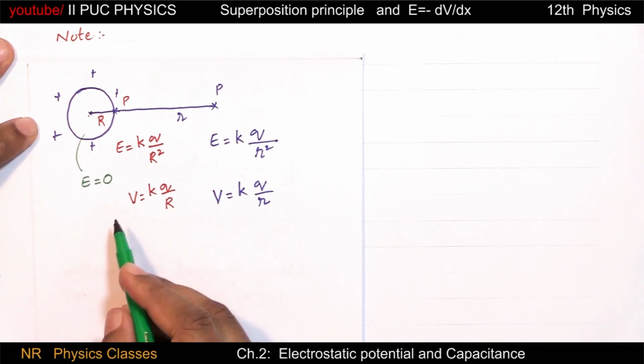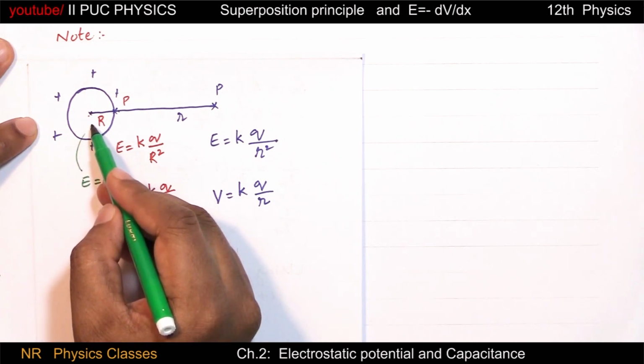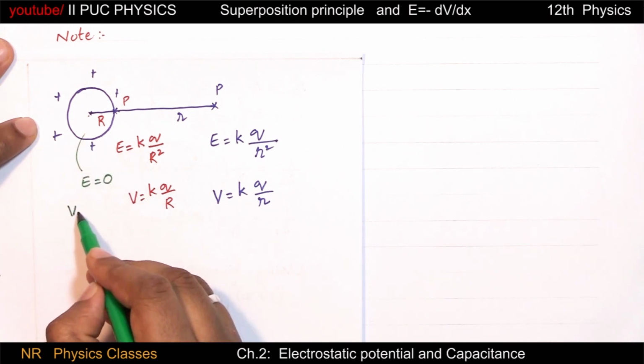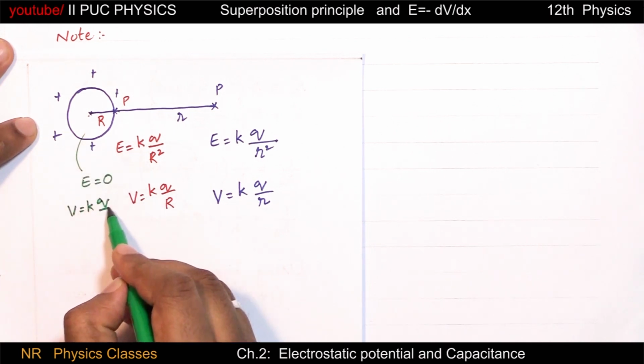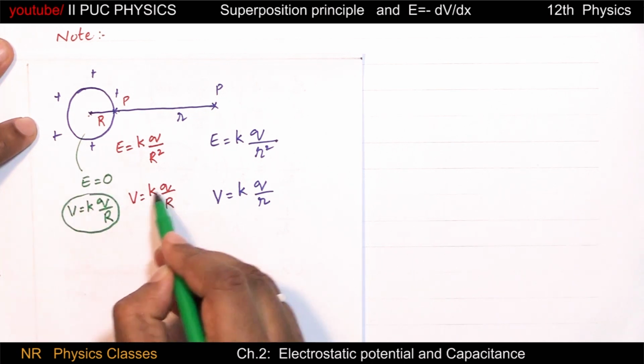Now the major difference between electric field and electric potential. Inside the shell, the electric field is 0. But inside the shell, the electric potential is constant Q by R, which is the same as the potential on the surface.